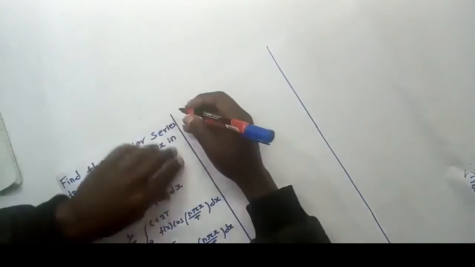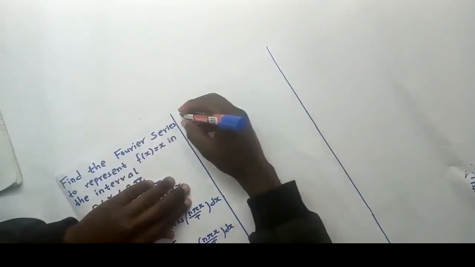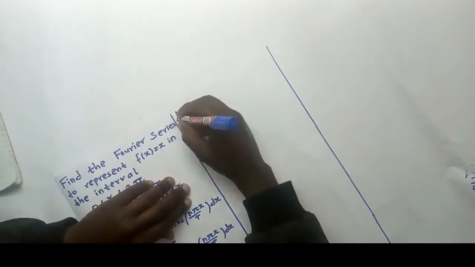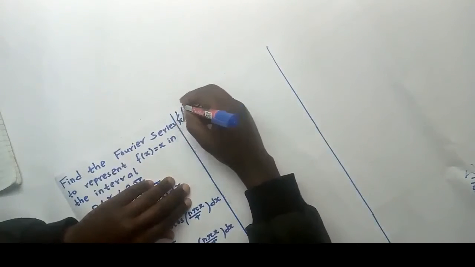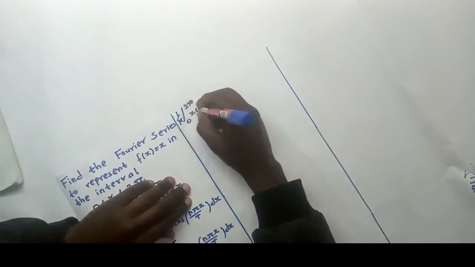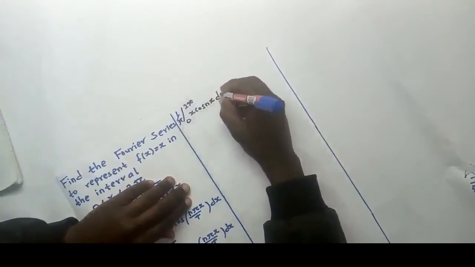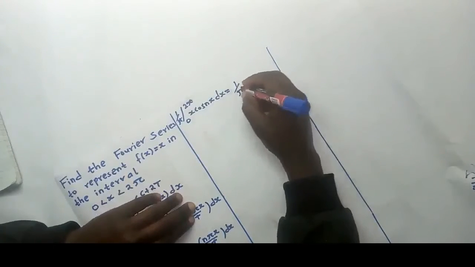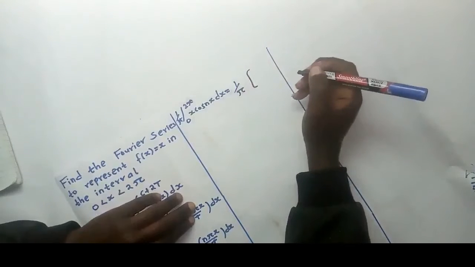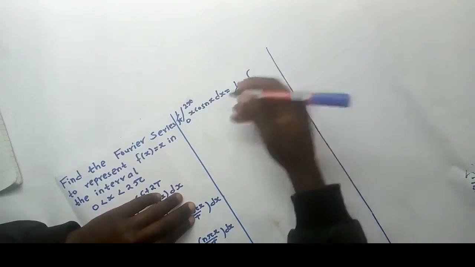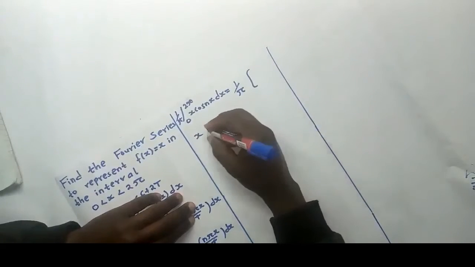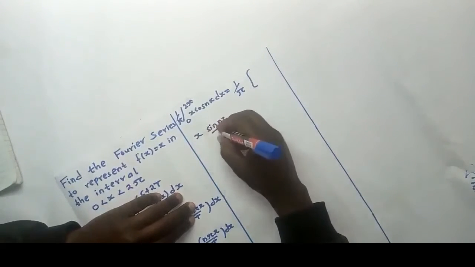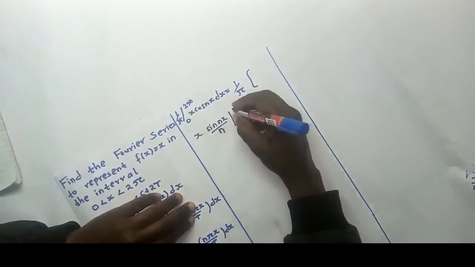Okay, so we come back and insert these values into our formula. So we'll have the integral of 1 over pi from 0 to 2 pi of x cos nx dx will now be equal to 1 over pi. Okay, so the first part is uv, and our u is x, sin nx over n, the interval is from 0 to 2 pi.